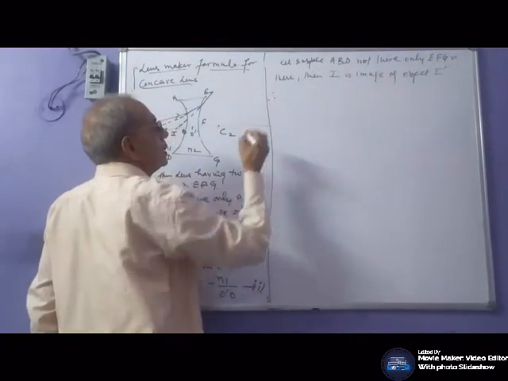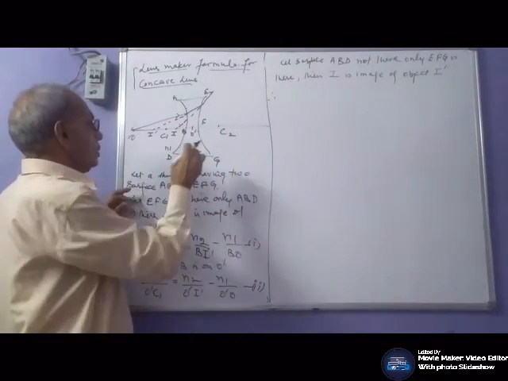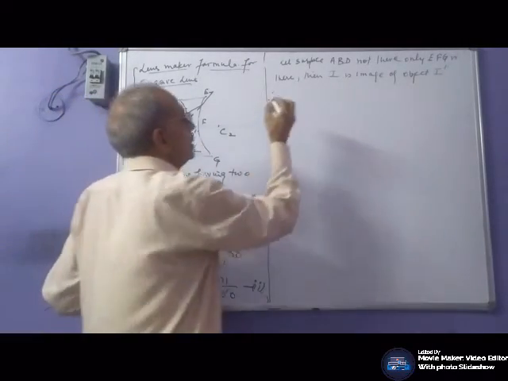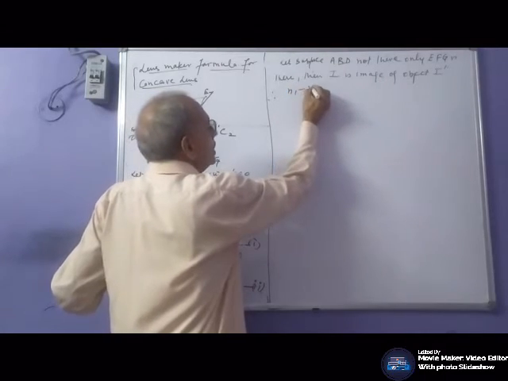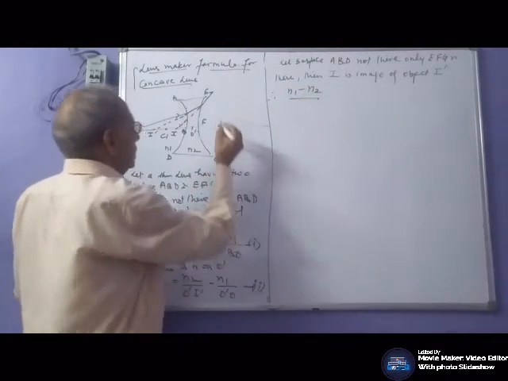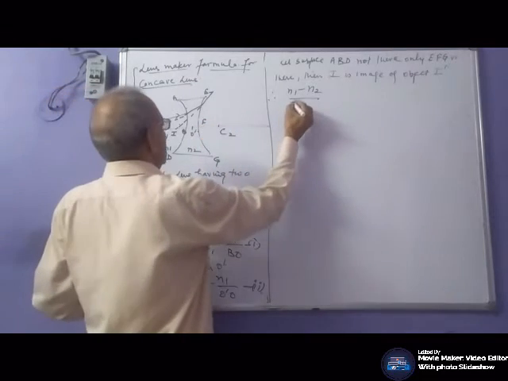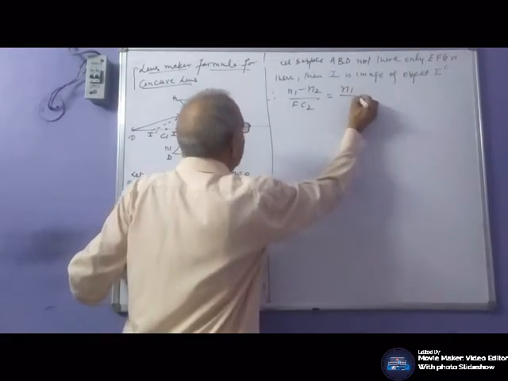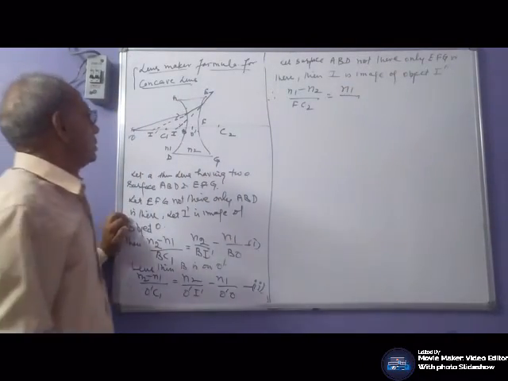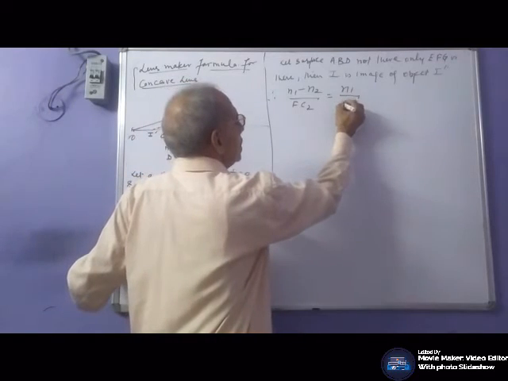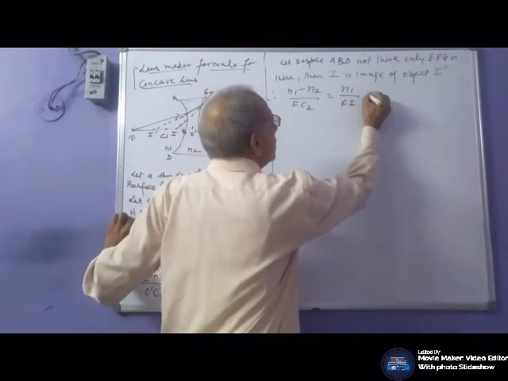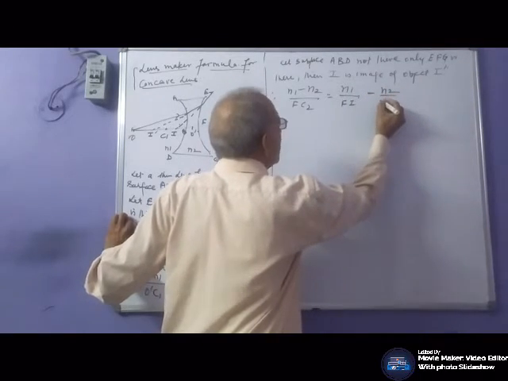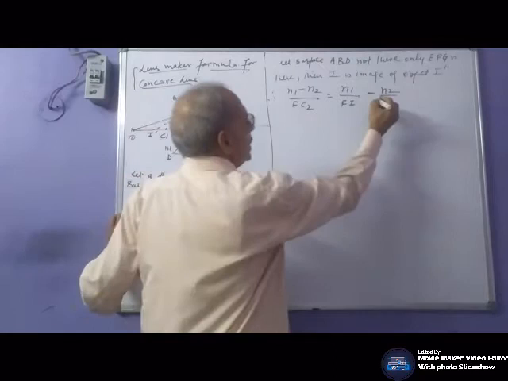Therefore, now this is glass, this one is glass, denser to rare: N1 minus N2 by R, this surface is FC2, equals N1 by V, FI, minus N2 by U, FI dash.